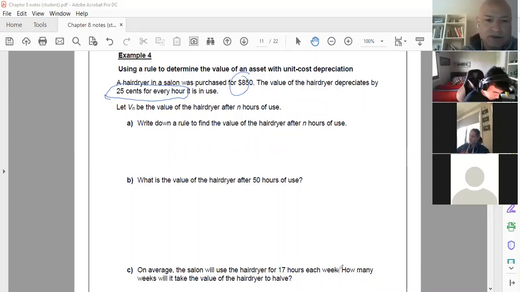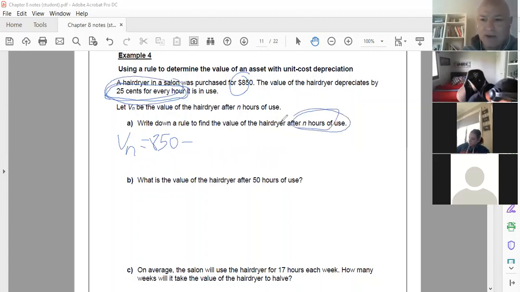Okay, so let's do it. We need to write down our rule. Value after N hours equals its initial value purchased was 850 minus, it's going down 25 cents for every hour. And remember, N stands for the hours of use.